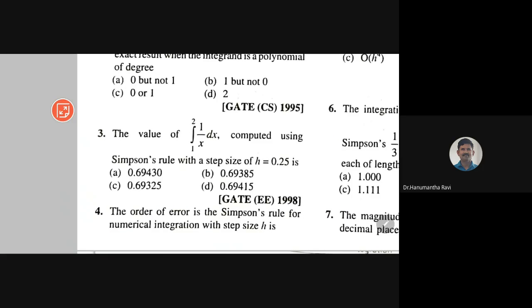We are coming close to 0.6958. I think maybe one should claim the answer as D, since 0.6958 is close to that.